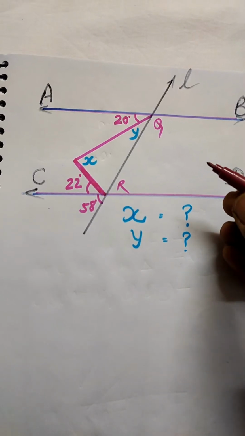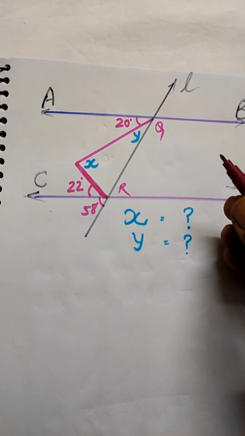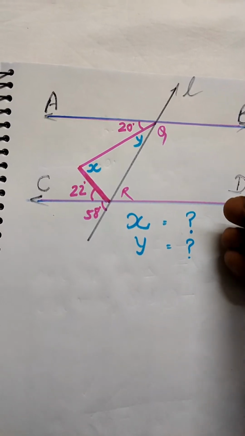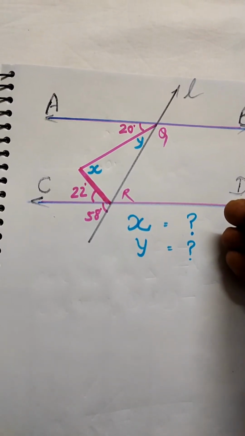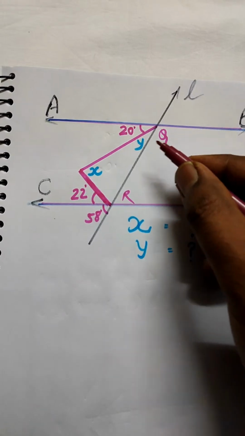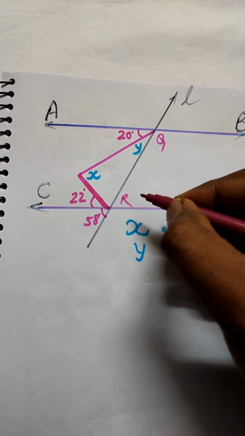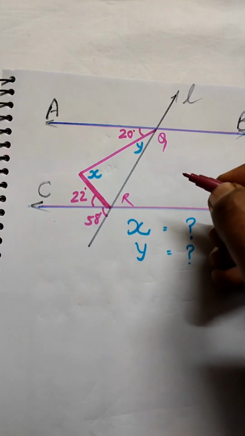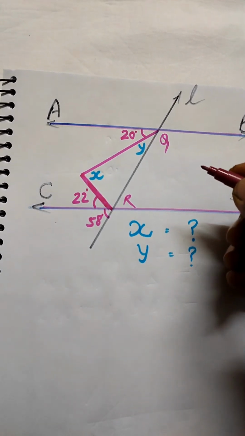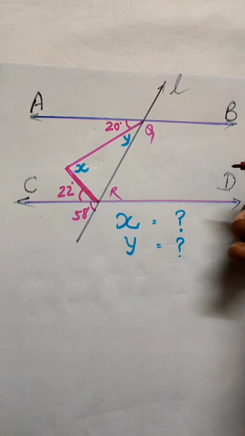One is corresponding angle, alternate angle, right? So we can understand that the sum of the co-interior angles is also equal to 180 degrees, right? So let us solve this question now.